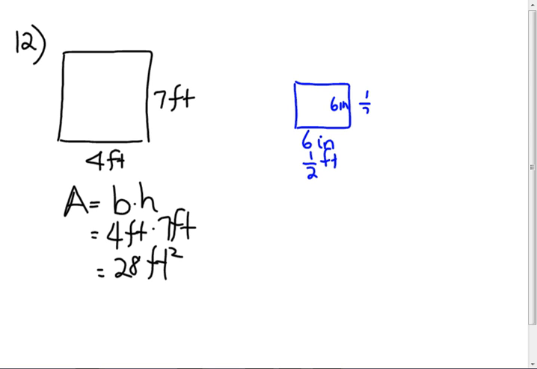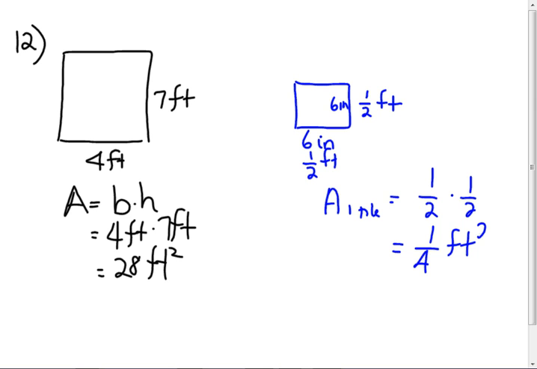And that's 1/2 of a foot. So what's the area for one tile? It's 1/2 times 1/2, or 1/4 of a square foot. It's not half. Common mistake. So it's going to be 4 times 28.